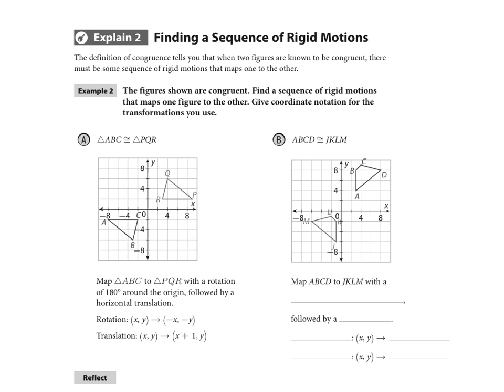So in part A here, it says the figures shown are congruent. So you know that to begin with. What you are trying to figure out is not are they congruent, but how are they able to be mapped from one to another. And remember, we're going to go from the black to the gray, okay?